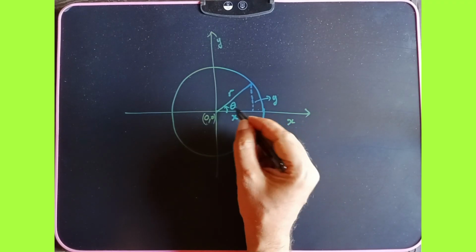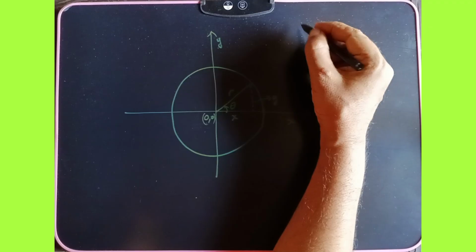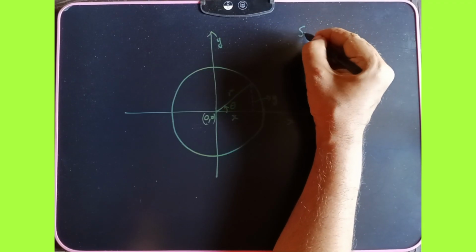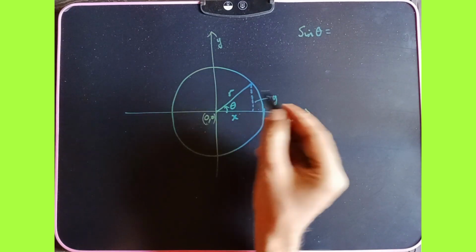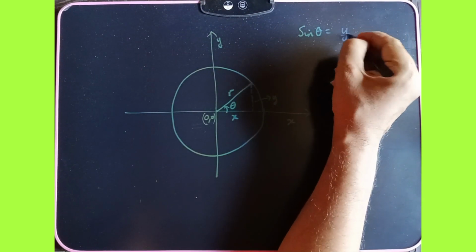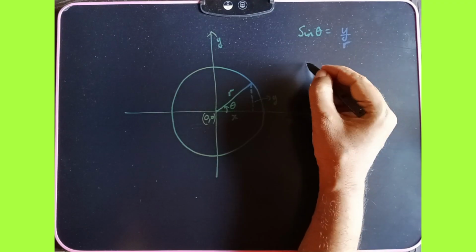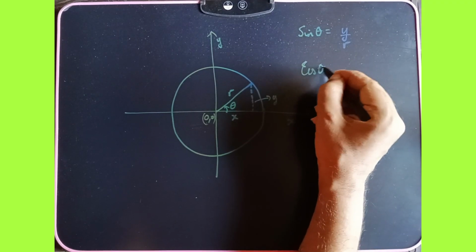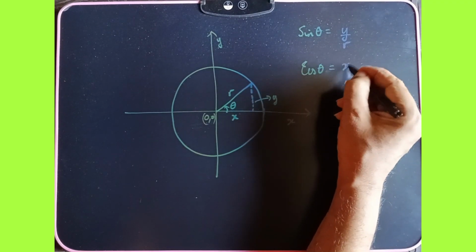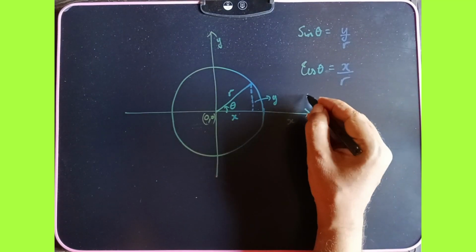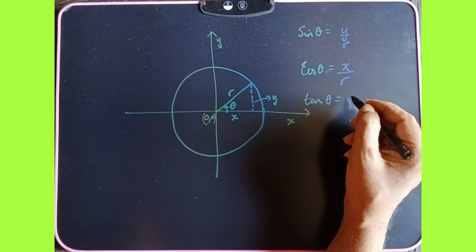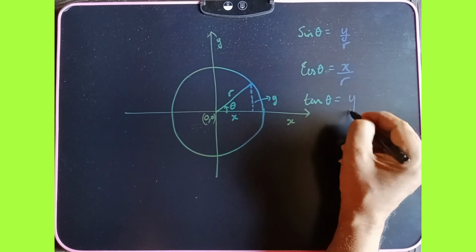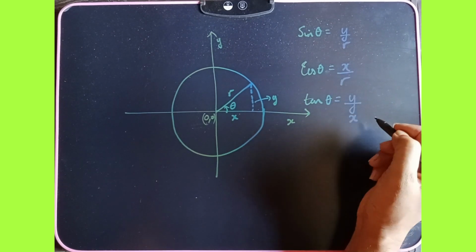So now we know for this particular coordinate system we can write sine theta is equal to opposite by hypotenuse, y by r. We can also write cos theta is equal to adjacent, that is x by r, and tan theta is equal to opposite by adjacent.